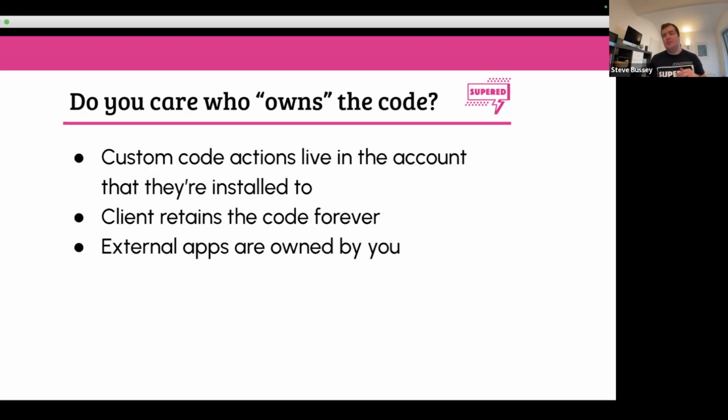But if you prefer it to be something that you own the code to, like an integration like Supered, where we own the integration and that's our intellectual property, an external public app is what we use.